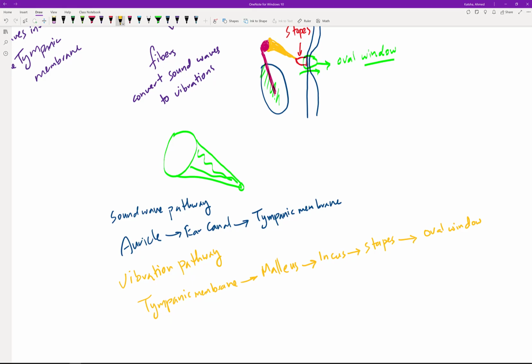And from there, it will go to the inner ear. And we will see some details about that. But for now, that's what we know. The sound wave pathway and the vibration pathway. Just make sure that the sound wave ends at the tympanic membrane.